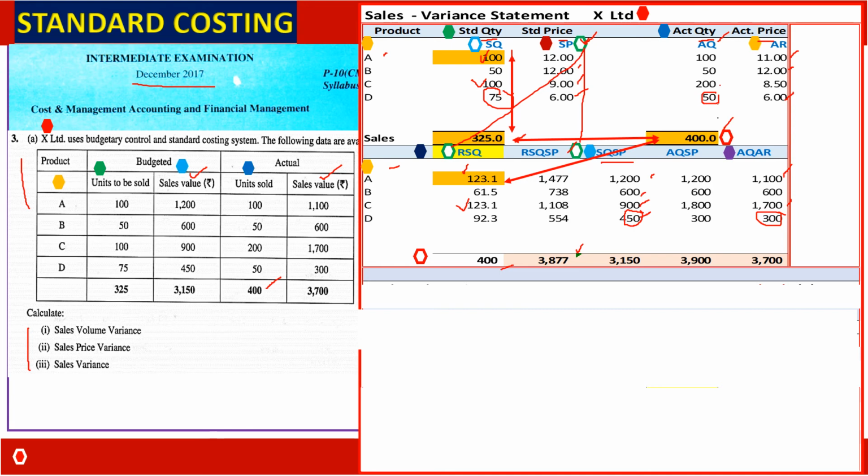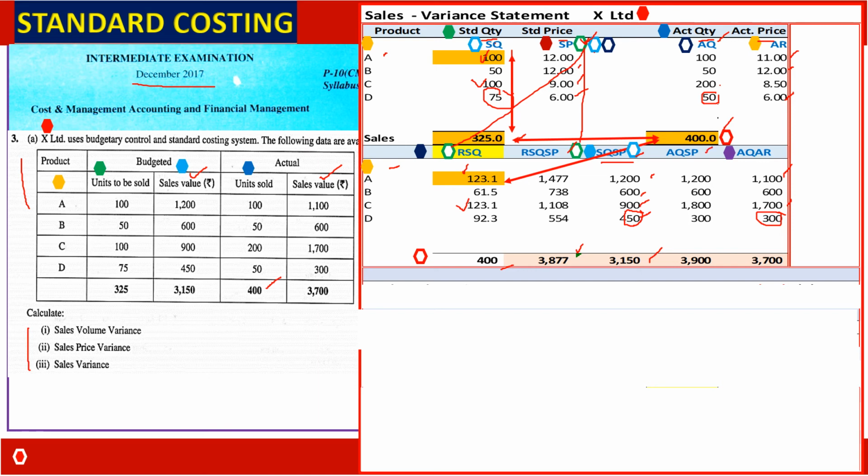Similarly, we take standard quantity and standard price, multiply SQSP, second column. We post the figures 100 into 12, 50 into 12, 100 into 9 and 75 into 6. And third is SP into AQ. It is a cumulative process.